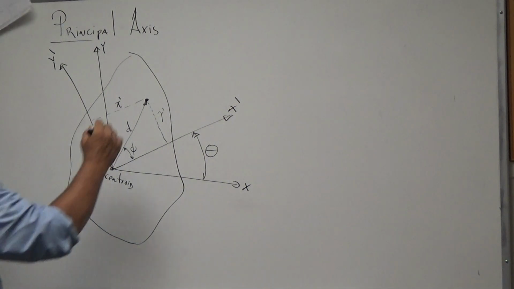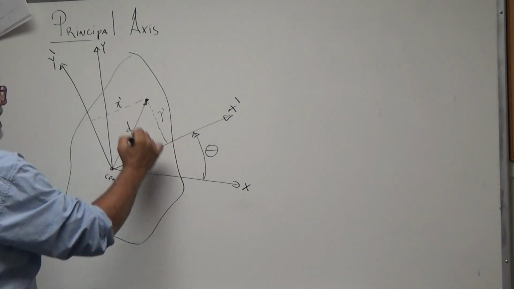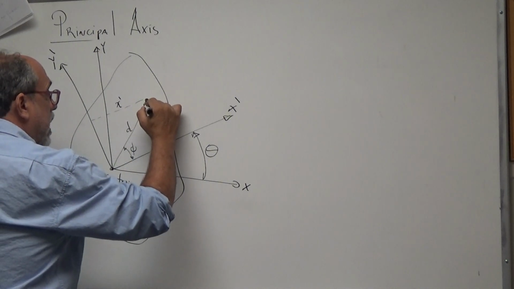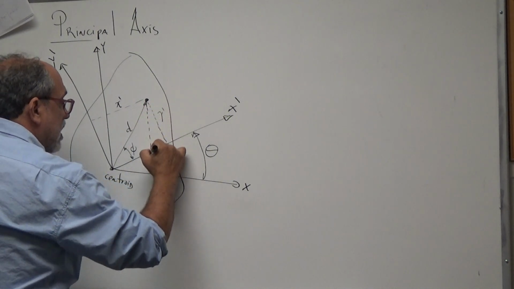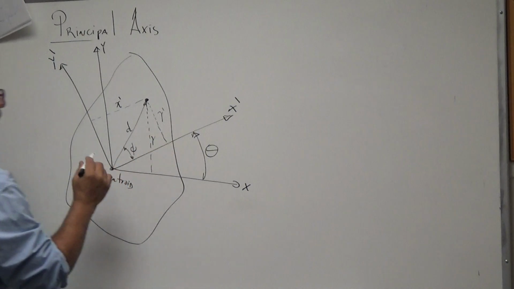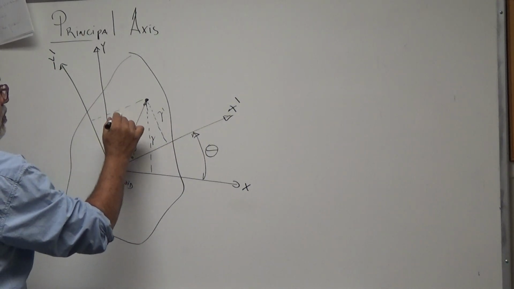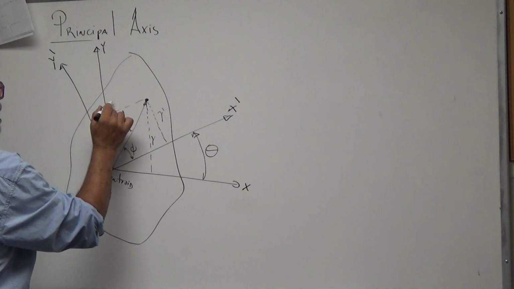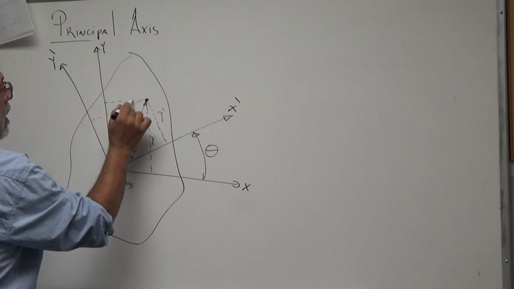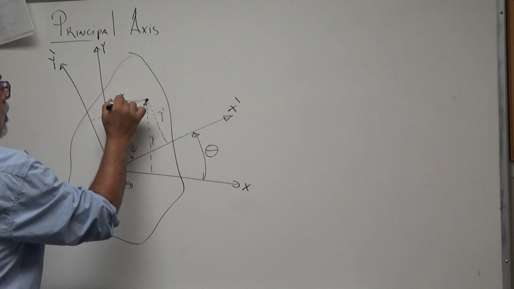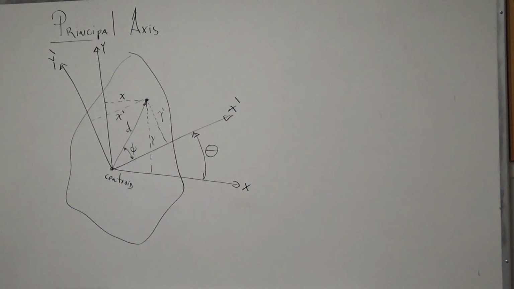The coordinates of the point in the xy axis are simply y, which is this, and x, which is this.